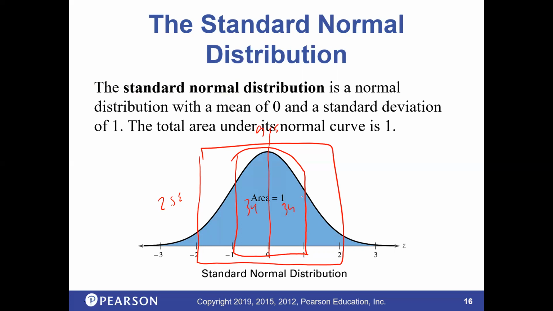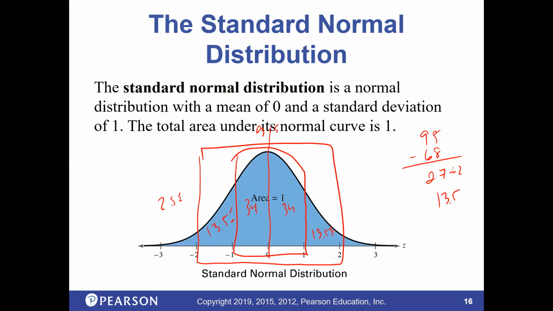Somebody on the calculator, do this for me. Let's go 95 minus 68. How much? 27. Then divide that by 2. Tell me if you agree. So there's about 13.5% here and 13.5% here.